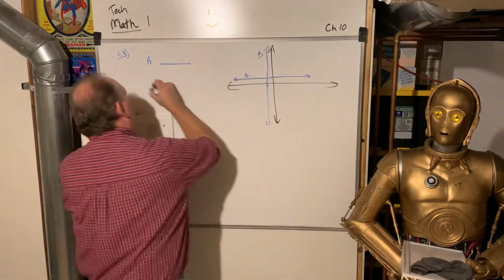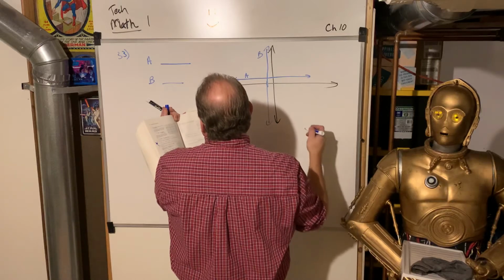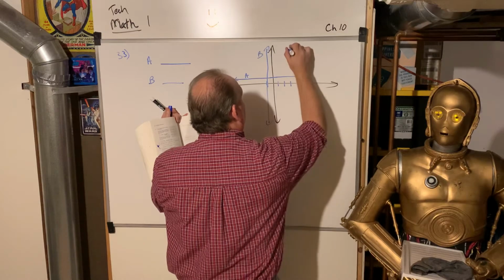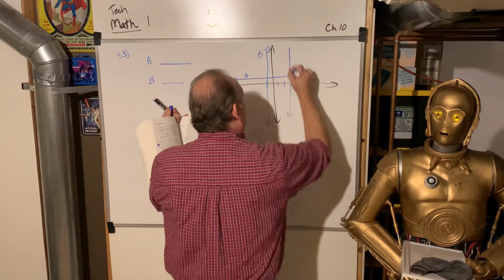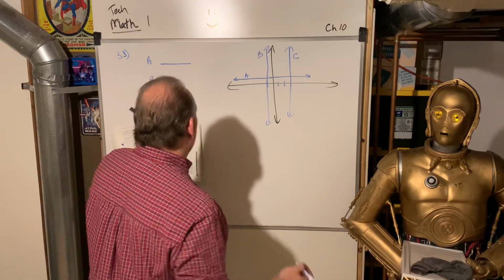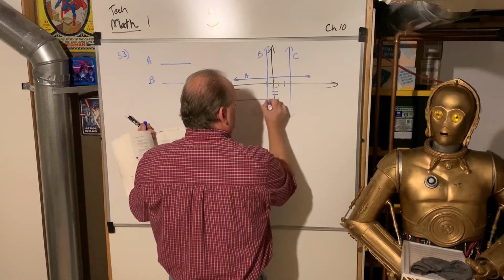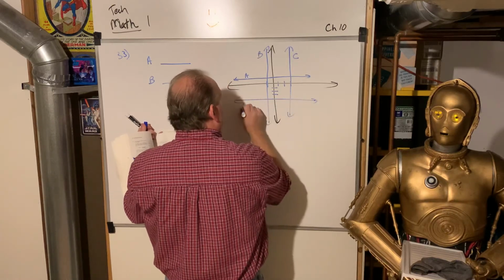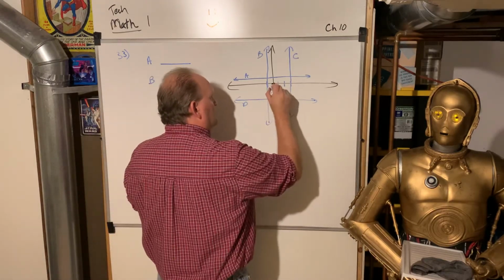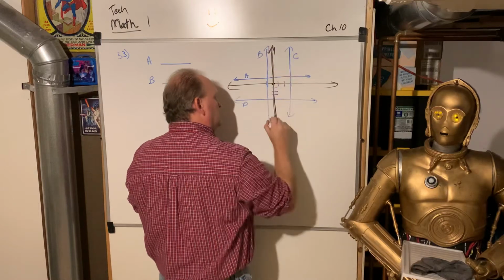That's line B. And then line C is a vertical line through the 3. So that's C. And then D is a horizontal line through -4. So that's D. All right, and now let me make this really dark so you know this is the actual XY coordinate, the really dark line here.